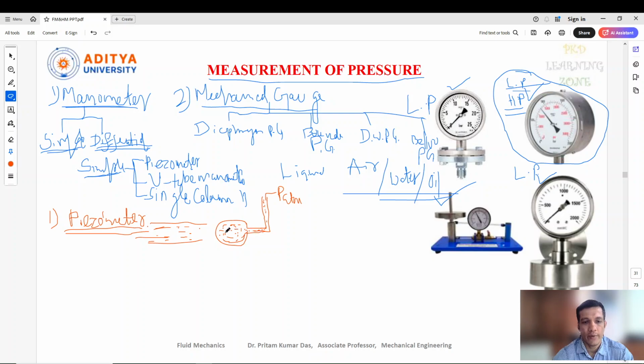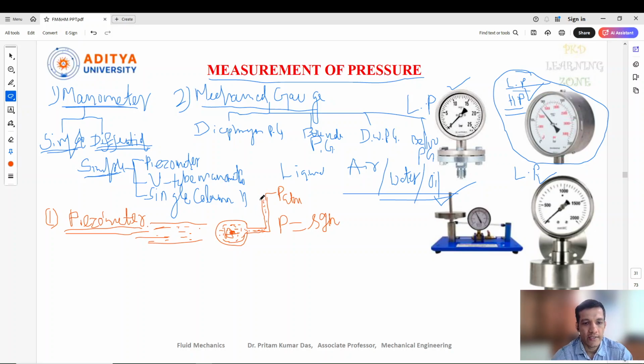One end will be connected to the center point of the pipe, and the other end will be open to the atmosphere. The pressure of the liquid flowing here can be calculated as P equal to rho g h.